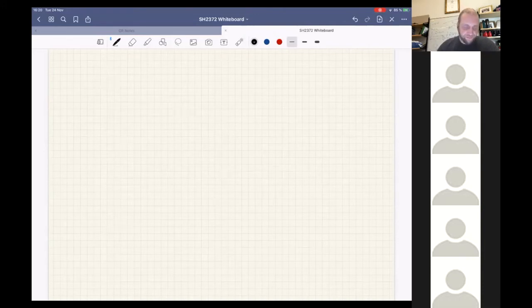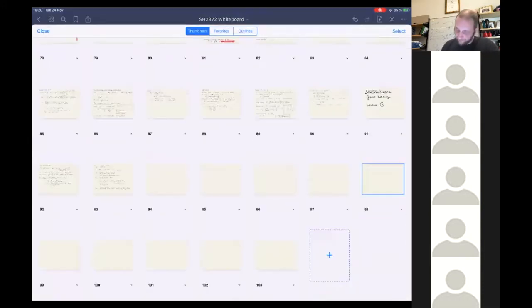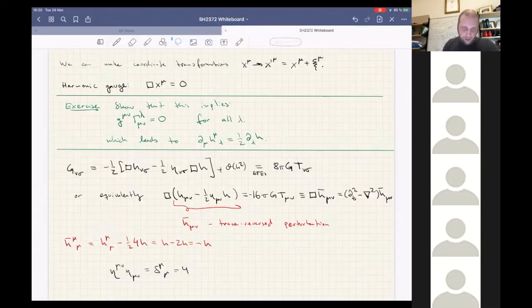However, on the way, we saw the following pop up somewhere. We saw that we had the wave equation essentially with some source term for this trace-reversed perturbation h bar. So this already hints at us having gravitational waves.